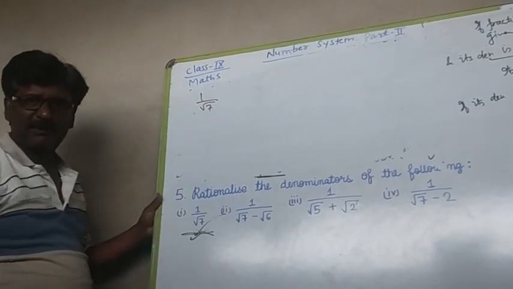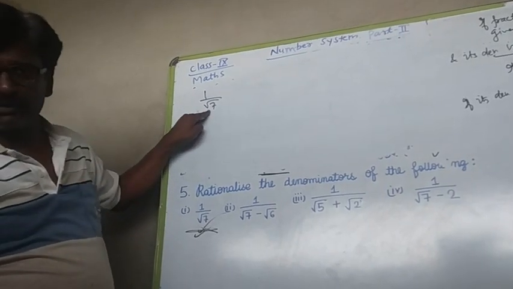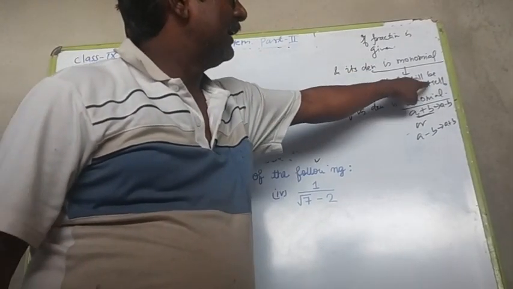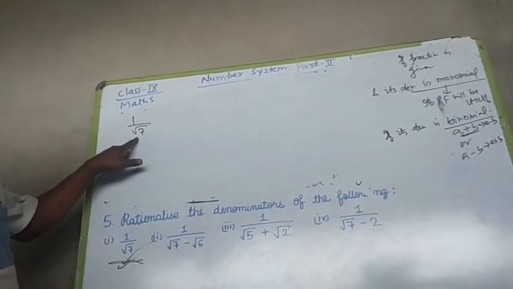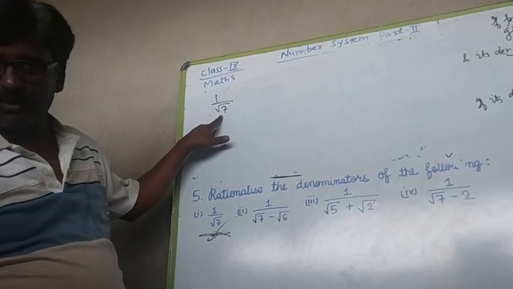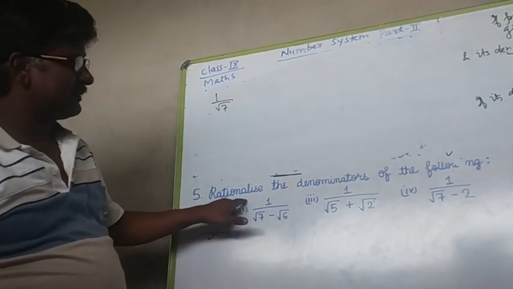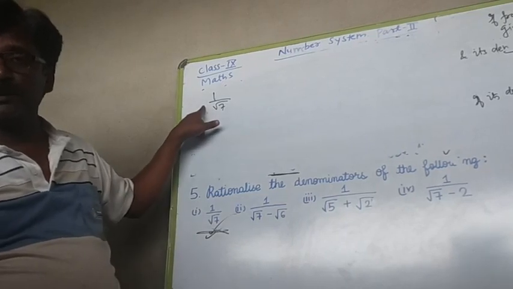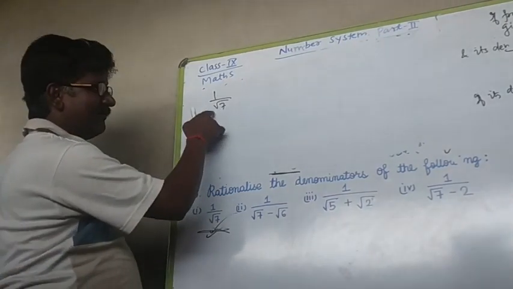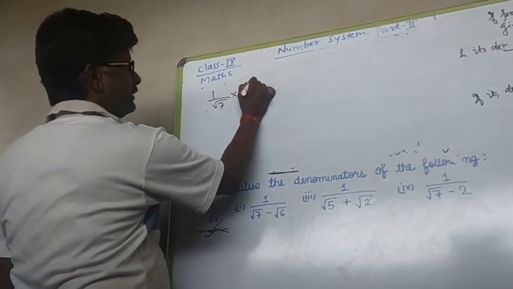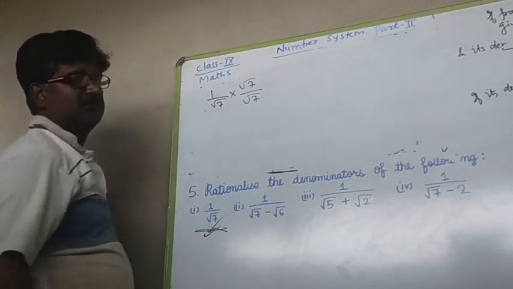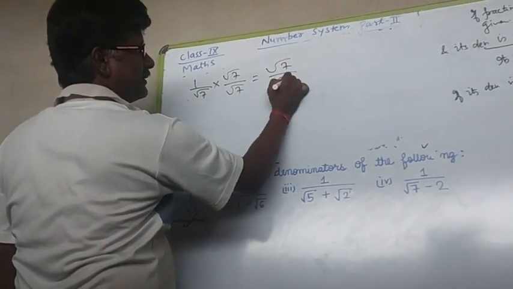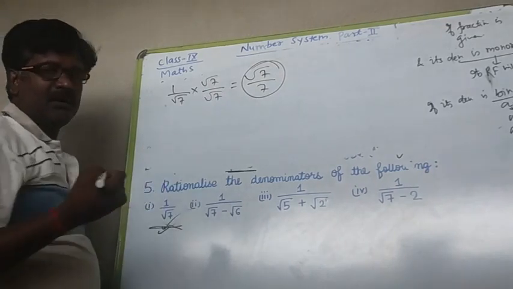In 1 by root 7, the denominator is root 7 and this is a monomial, and the RF of a monomial is itself. So the RF of root 7 will be root 7 itself, and when we have to rationalize, we multiply the numerator and denominator by its RF. So we multiply numerator and denominator with root 7, and after multiplication we get root 7 by 7. So this is the rationalizing of this question.